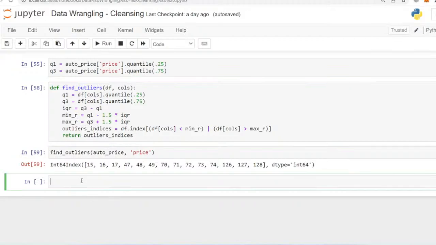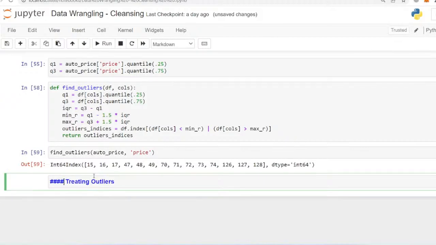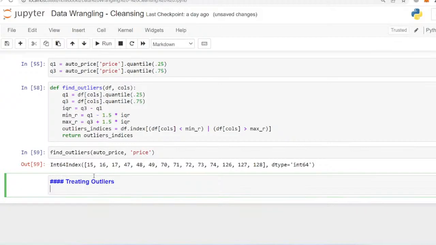The second one, I'll just talk here about treating outliers. What are the different strategies that you can apply? This will be only the theoretical part, because we have discussed a similar thing in our missing value section as well, the replacing part.